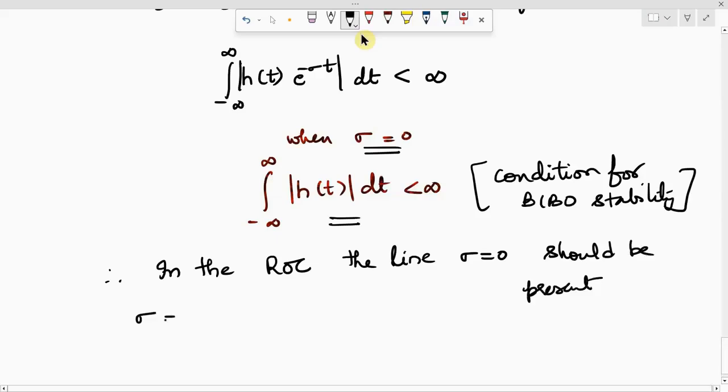What is the another name for sigma equal to 0 line? Imaginary axis. Right.